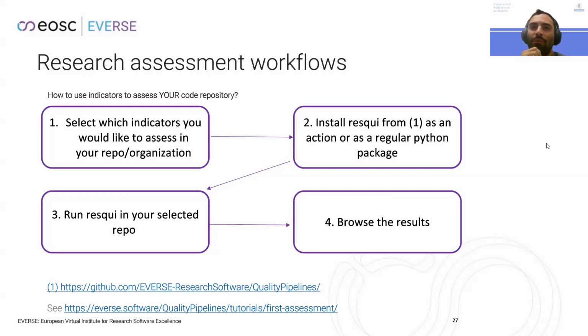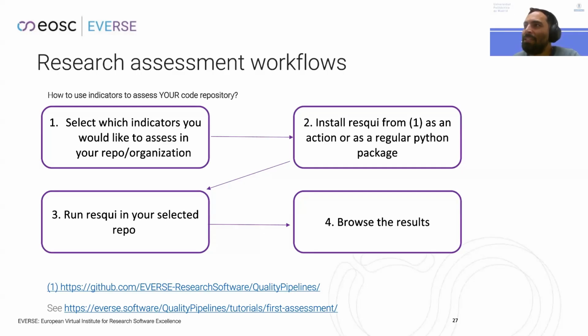So, coming to the second part, which is the research assessment workflows, we have tried to make this as easy as possible to adopt. So we have 4 main steps to adopt them. The first thing that you have to do is to sit down with your community and think about which indicators you would like to consider for your particular community, no? Because not all communities may agree. We have set some default values, but maybe you don't agree with us, and that's completely fine.